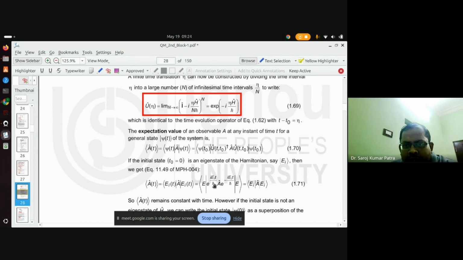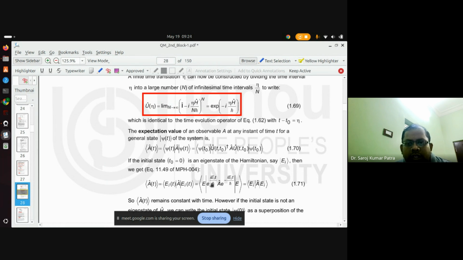So that will basically be e to the power i E_i t by h cross. As I was telling, it is nothing but exponential minus i, H for E and eta for t, i E t by h cross. That is what is used here.